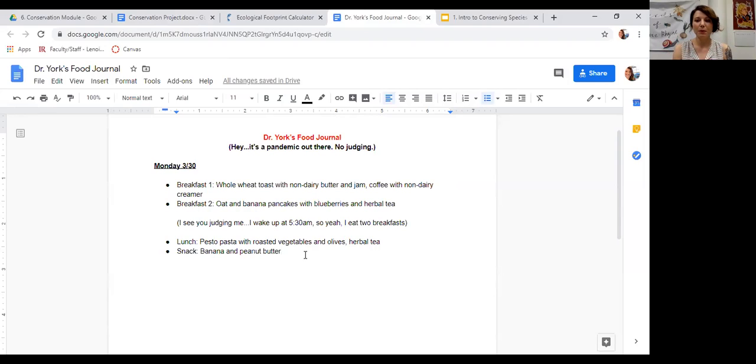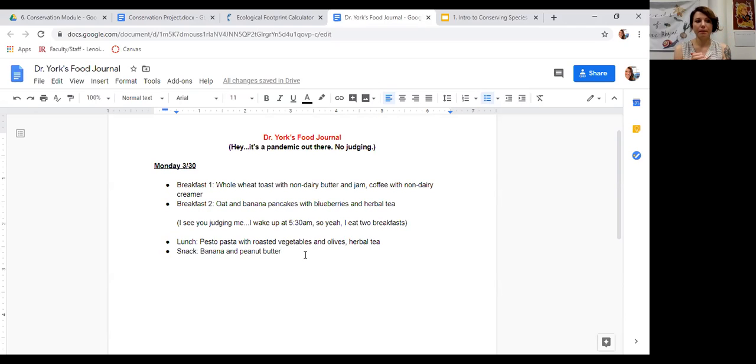So a lot of people don't know what a diet like this would actually look like. And if it just looks like a bunch of salads, no, that's not the case at all. I actually very rarely eat a salad. So I wanted to go ahead and share it with you so you could see what it is that I do on a daily basis.